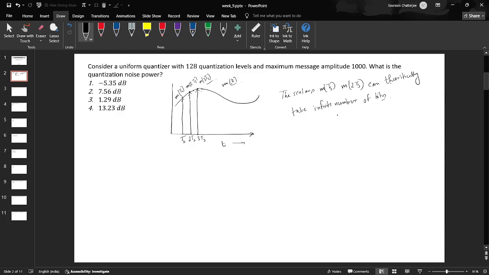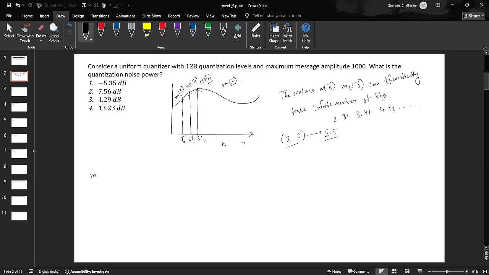For example, these scalars can take, let's say, 2.31 and 3.49 and 4.92, like that. There are infinite possible values. So what we do is something like this. Let's say if the message signal takes value in this interval, I am going to map it to something like this. So this interval is being mapped to a scalar number.